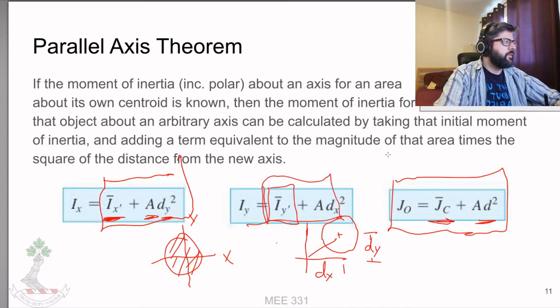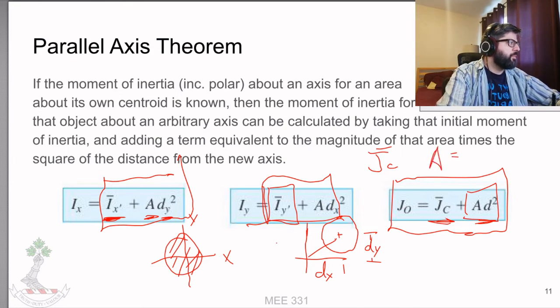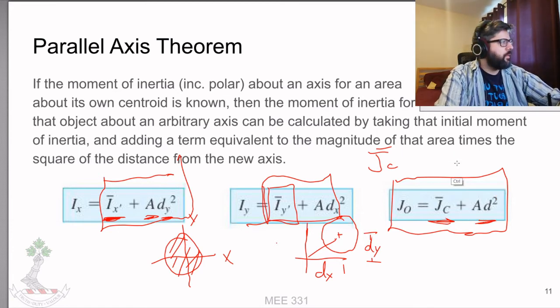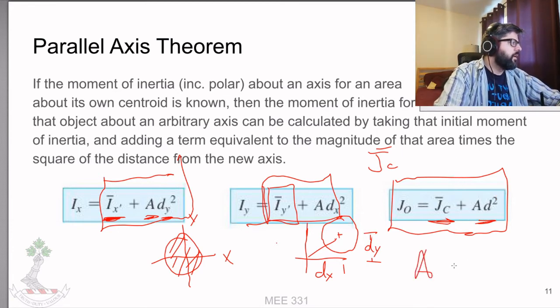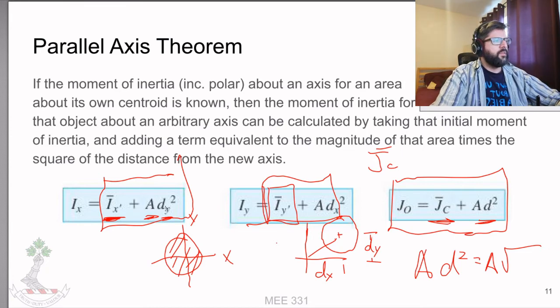So the J bar C here is just the Ix prime and the Iy prime, and then our Ad squared just ends up being A times our dy squared plus our dx squared.